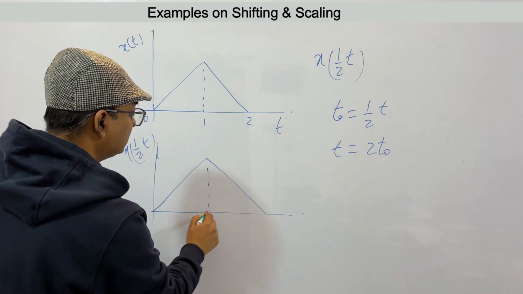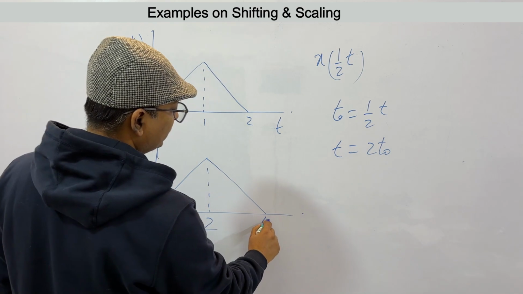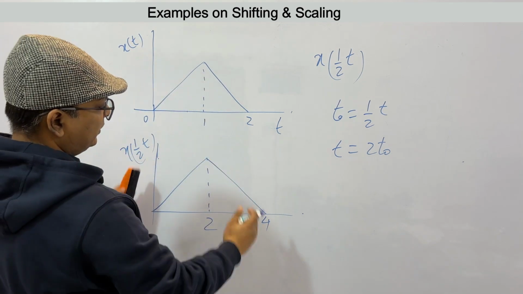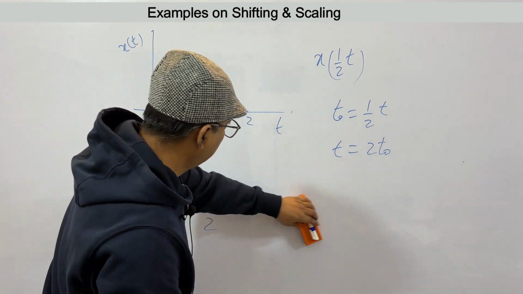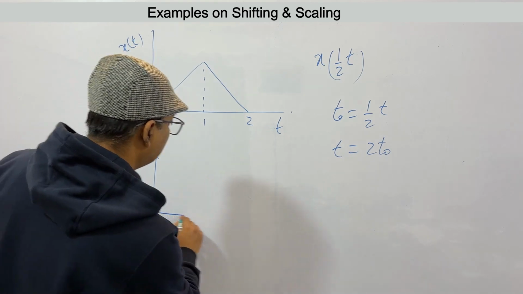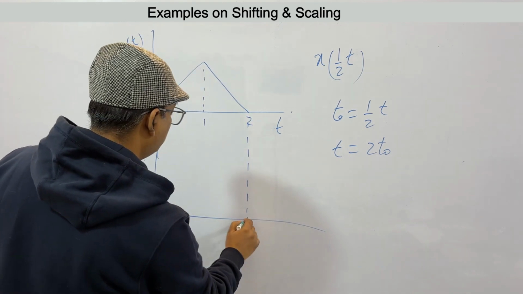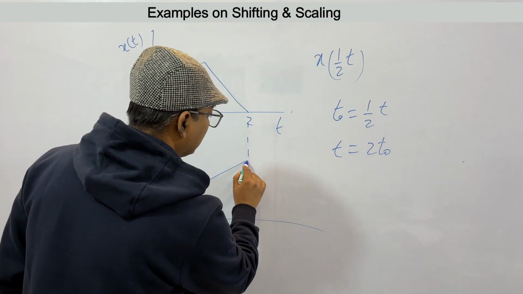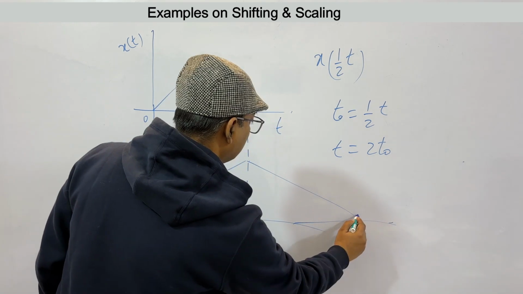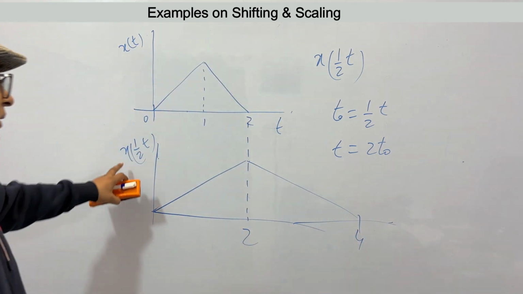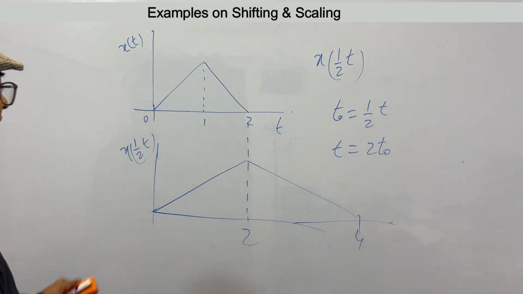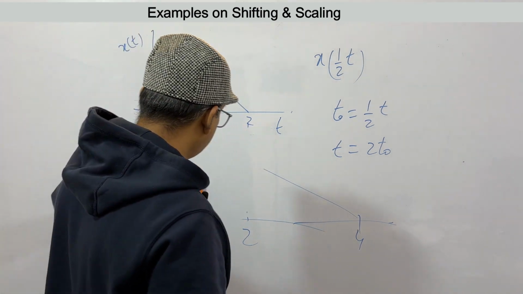The only thing is this is now 2 and this is now 4. Or if you maintain the scale, then this will be like this. This is your now new point. So this will expand like this. Okay, this is 4, this is 2. So this way will be like this. Clear? One more example.